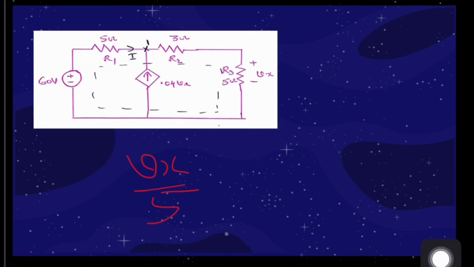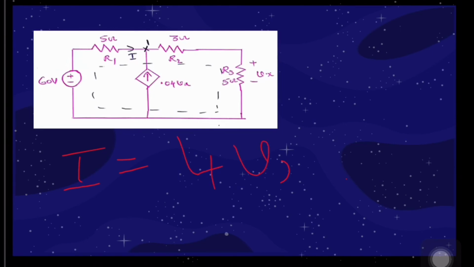By KCL, sum of currents entering a node is equal to sum of currents leaving that node. So we can write the outgoing current Vx by 5 is equal to I plus 0.04 Vx. By rearranging this, we get I is equal to 4 Vx by 25.